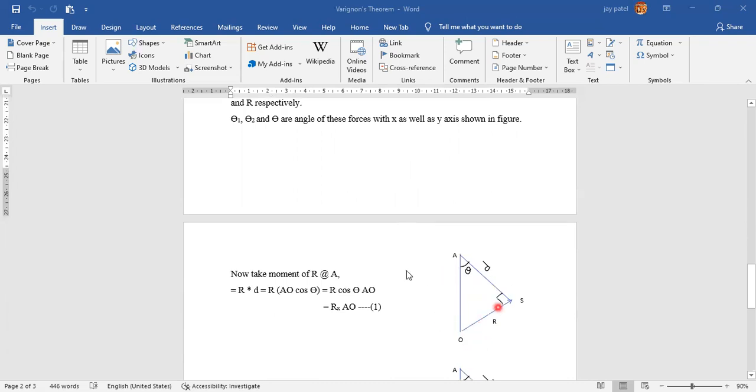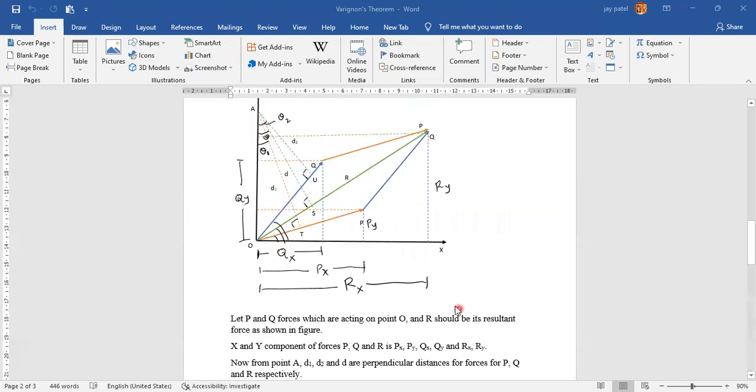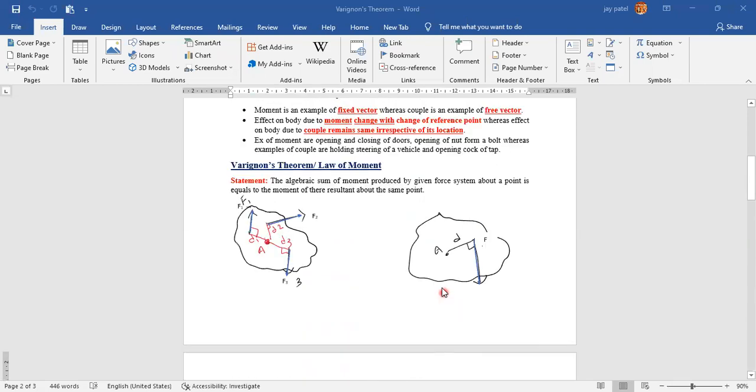We have already discussed the triangle, yes or no? Now actually what we are doing here, what is the statement of the Varignon theorem? Algebraic summation of moments produced by a given force system about a point is equal to the moment of their resultant force about the same point.